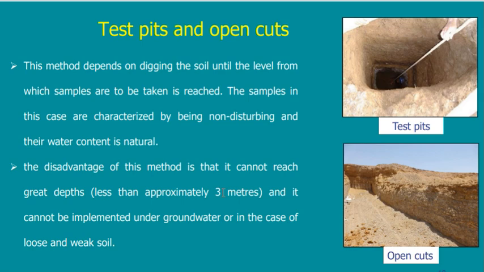The best thing is to see for myself: drill a hole, go inside this hole, see the sample, bring it, check it. But as we said before, I can do this for a limited depth. This limited depth would be, in normal cases, 3 meters. I cannot do more than that.